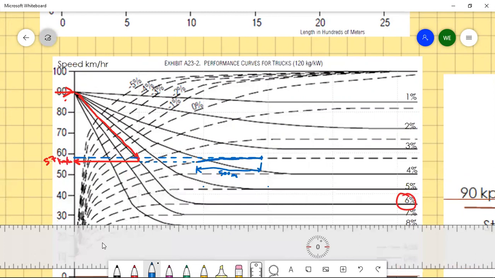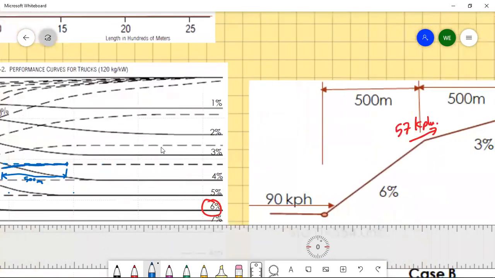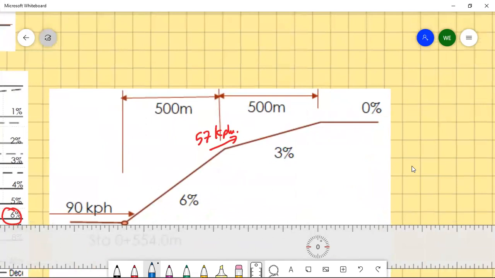So the exit of the second segment is going to be, I think, 59 kilometers per hour.